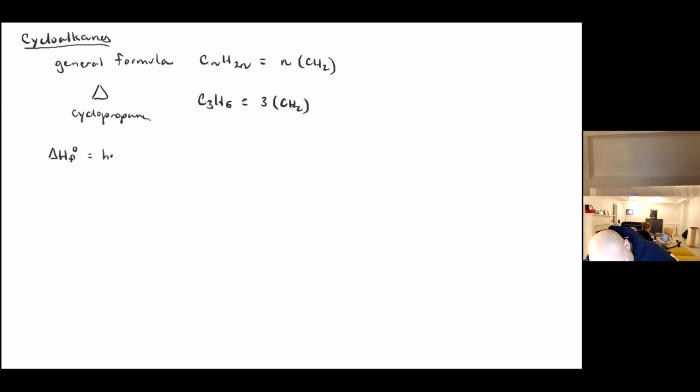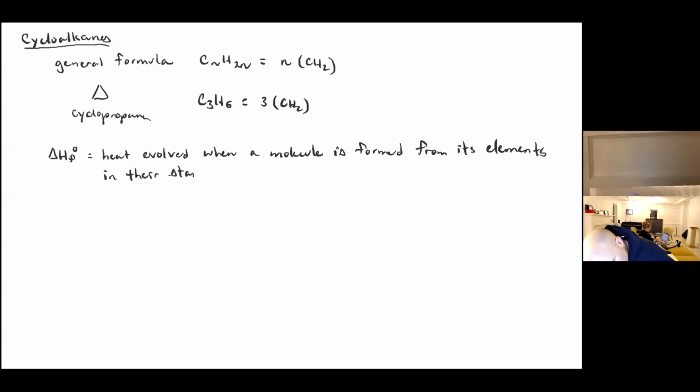The natural state of hydrogen is dihydrogen H2, carbon is graphite, oxygen is dioxygen O2.